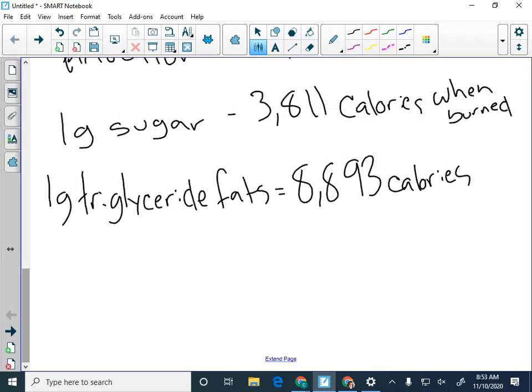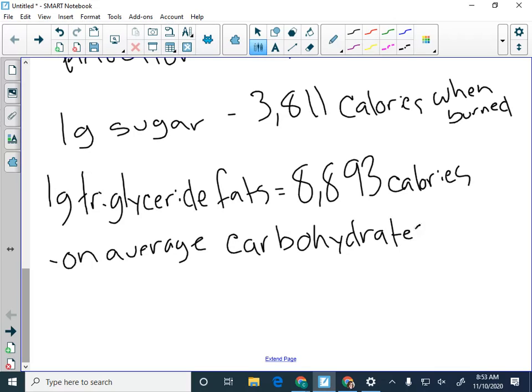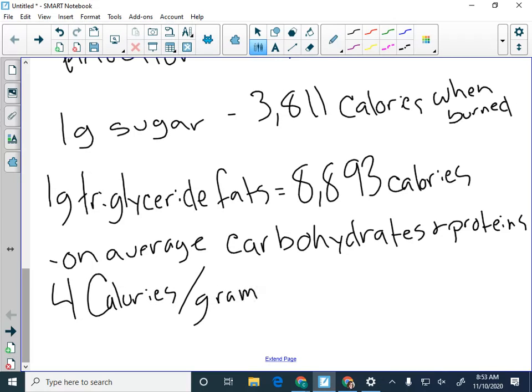On average, carbohydrates and proteins release about 4 big C Calories per gram, and fats yield about 9 big C Calories per gram on average.